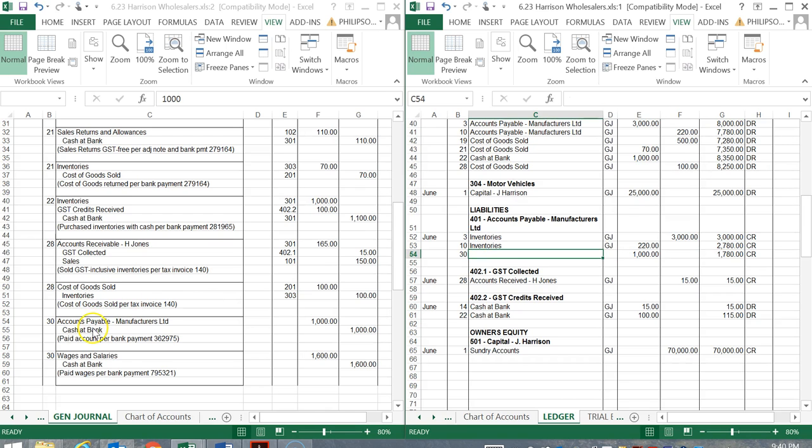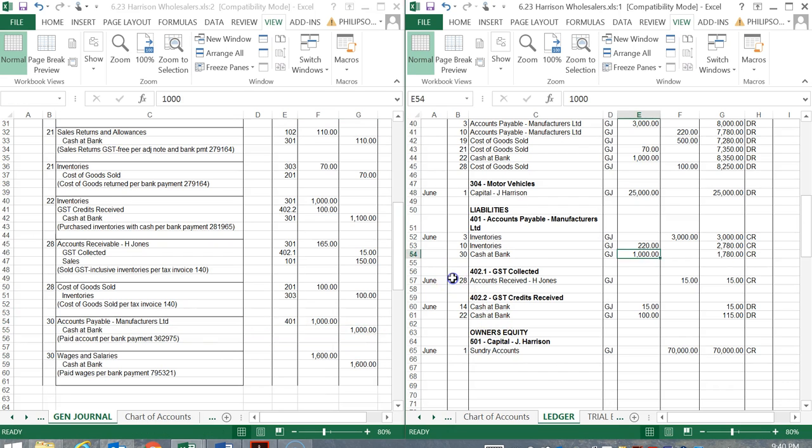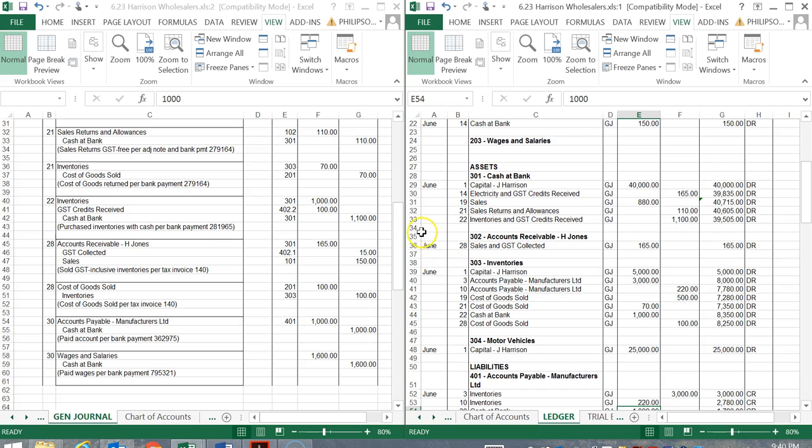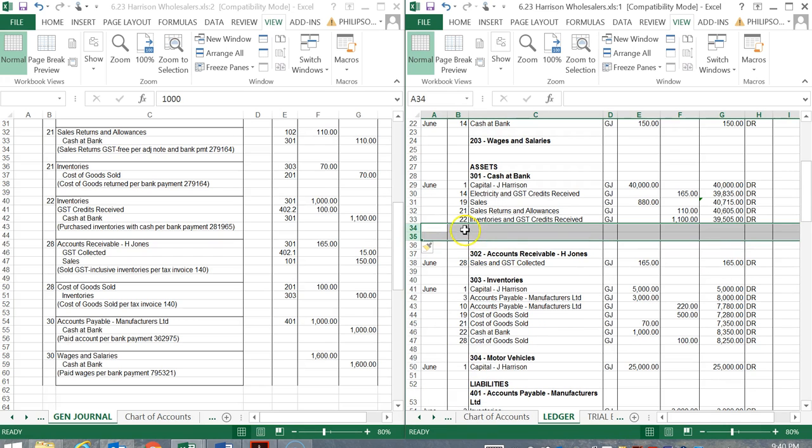The other side of the transaction here is cash at bank. We need to decrease our cash at bank by $1,000. So let's come up here. I need to insert a line. I can see the next one has cash at bank too, so I'm going to insert 2. Okay, 30th.